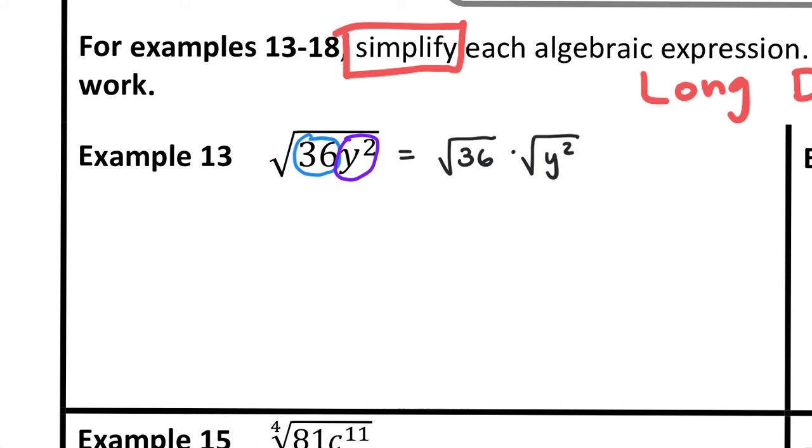So like this. Okay. And then I can kind of simplify or do what they're telling me to do. They're telling me to simplify this radical expression. So if I simplify, then I have, well, the square root of 36 is 6. And the square root of y squared.